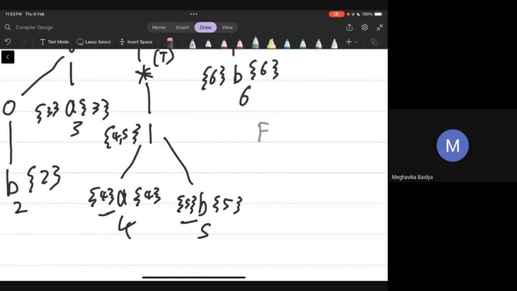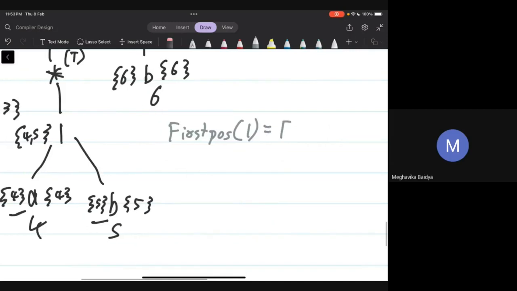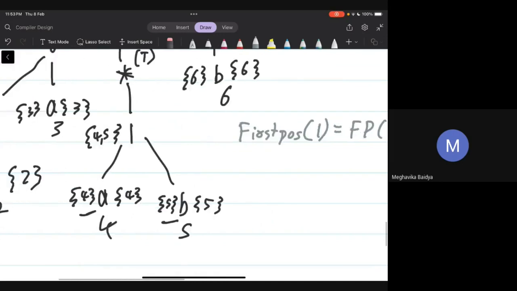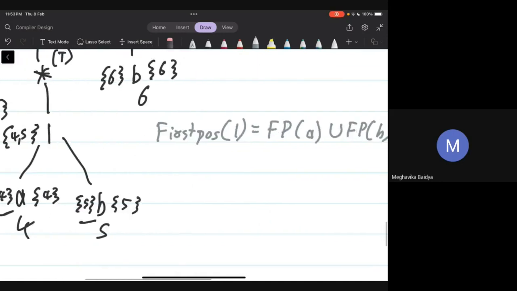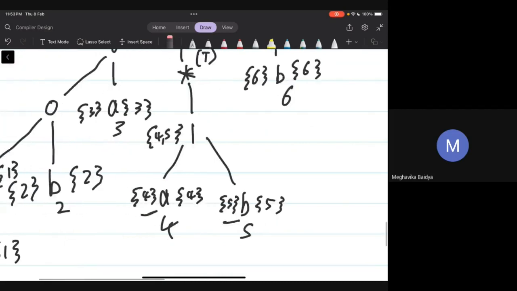You don't have to write the steps, I'm just showing you. The firstpos of or is basically FP of A union FP of B, which is 4 and 5.